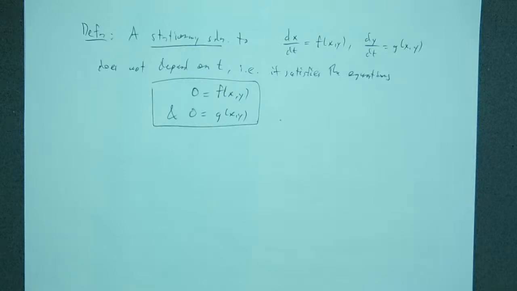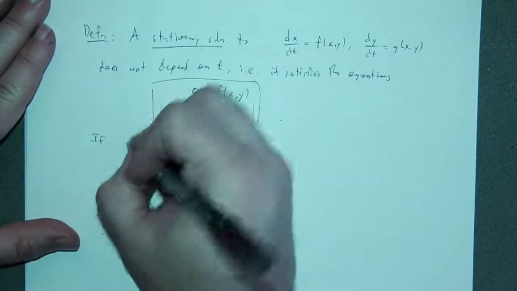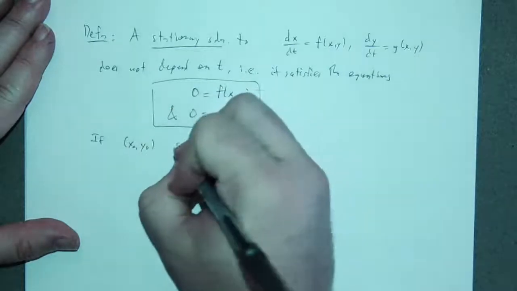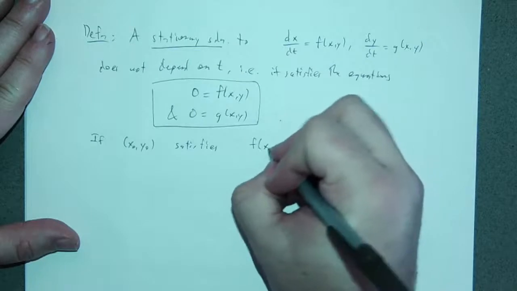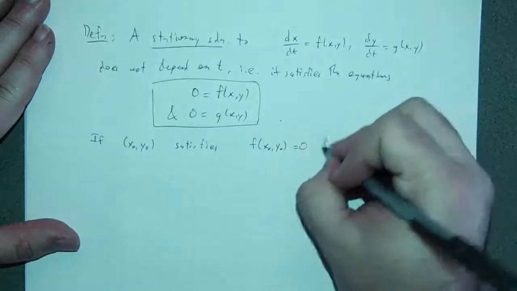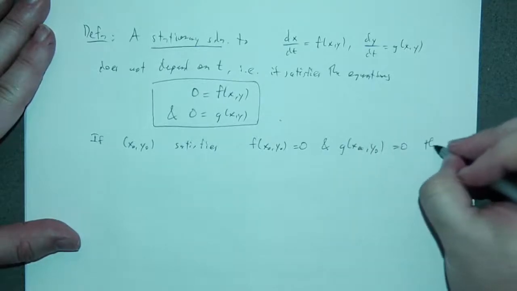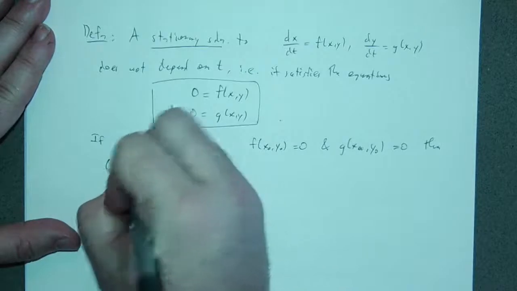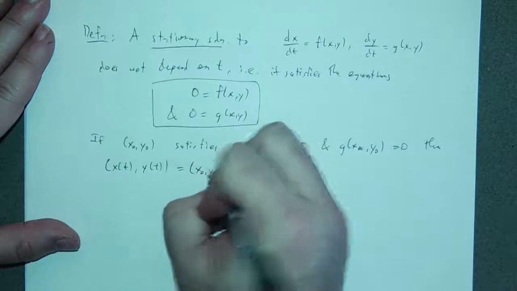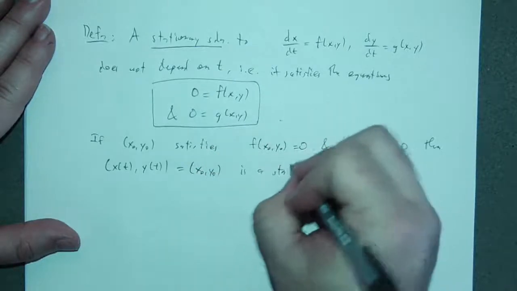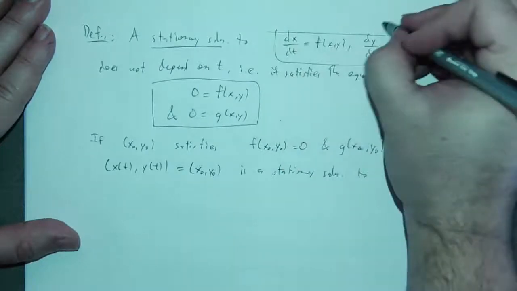Okay, so another way to say this is if the point x naught, y naught satisfies f of x naught, y naught is equal to 0 and g of x naught, y naught is equal to 0, then the trajectory x of t, y of t, just defined to be that point, is a stationary solution to star.